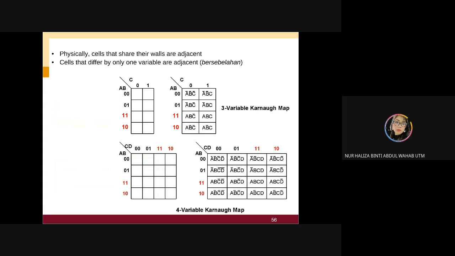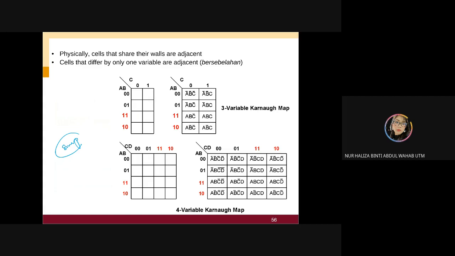I already showed you that over here the adjacent will be this cell, this cell, this cell, and this cell. You need to check all the input for this cell and do the bubble thing there. And after you have that, then you can get the simplification version. We will learn it later on. But now you need to know why.